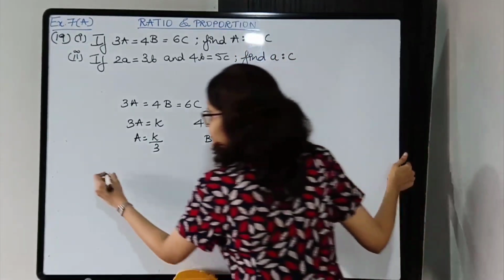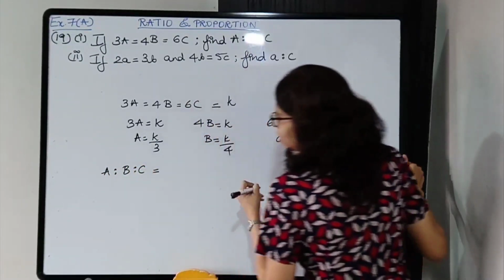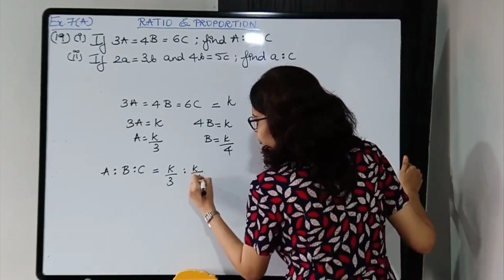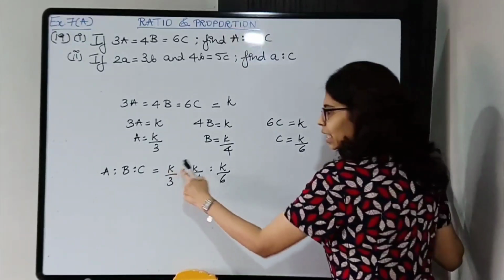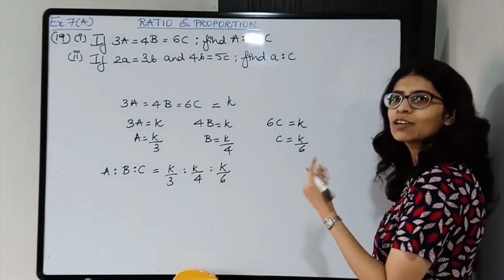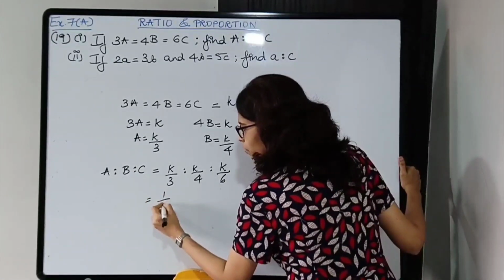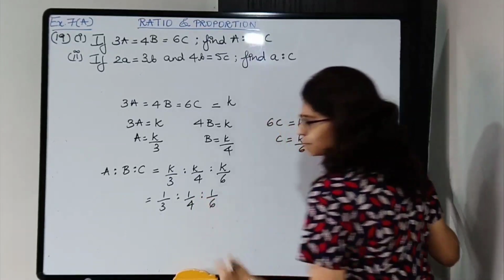So a is to b is to c will be equal to k upon 3 is to k upon 4 is to k upon 6. k is a common factor, I can cancel it out. So 1 upon 3 is to 1 upon 4 is to 1 upon 6.